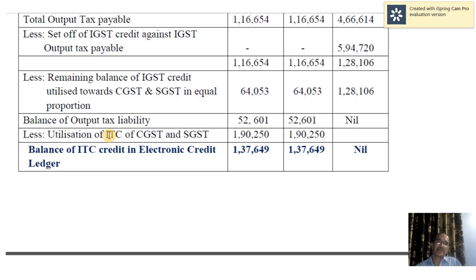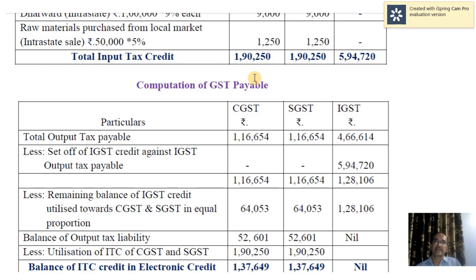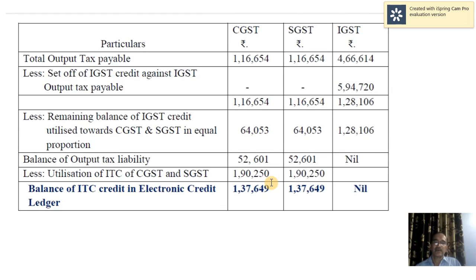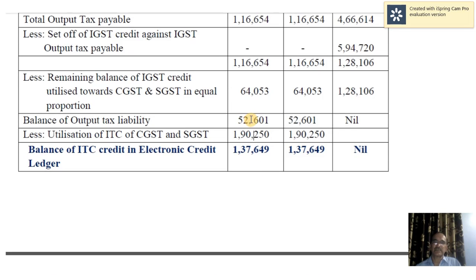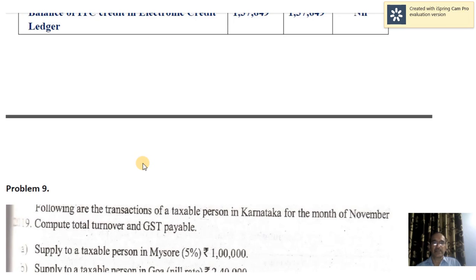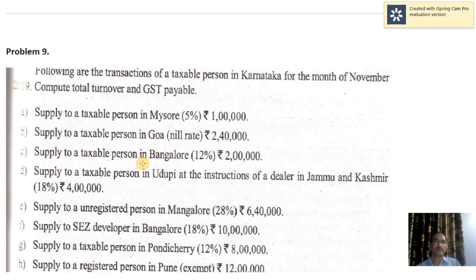Now you utilize input tax credit of CGST and SGST. So the available value here is 1,90,250, 1,90,250. What we need is just 52,601 in both the cases. So the remaining amounts are surplus ITC, which will be there in the electronic credit ledger. Okay, now we'll move on to the next problem.